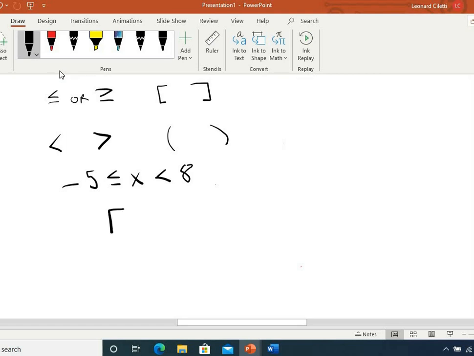I'm going to include the negative 5, and then I'm going to do what? Not include the 8. So there's how we use brackets and parentheses when we define these.